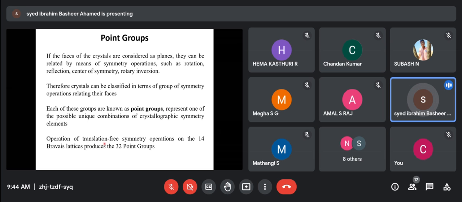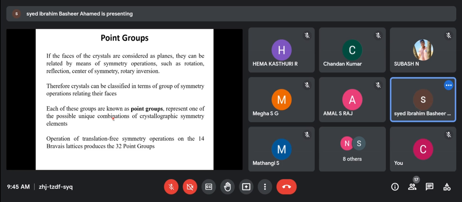So operation of translation-free symmetry on 14 Bravais lattices will produce 32 point groups. We have several symmetry operations, in which you have translation-free symmetric operations. Initially I told you the 5 symmetry operations which are translation free.